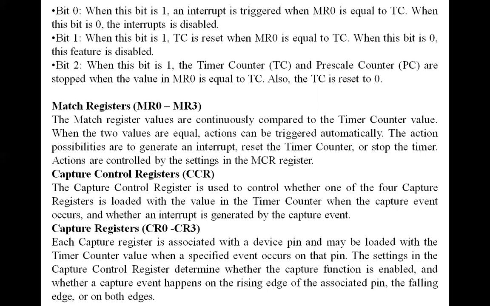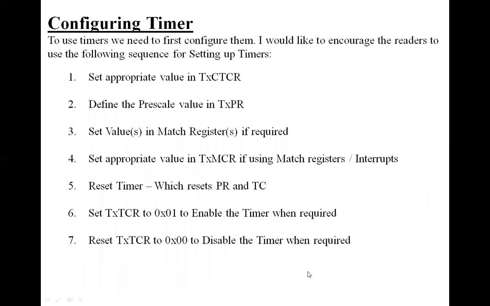The settings in the capture control register determine whether the capture function is enabled and whether a capture event happens on the rising edge of the associated pin, the falling edge, or on both edges.